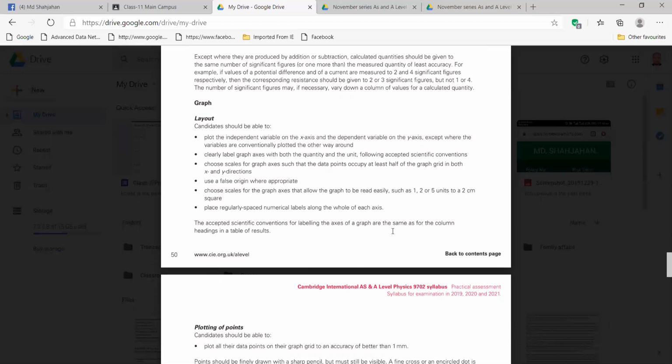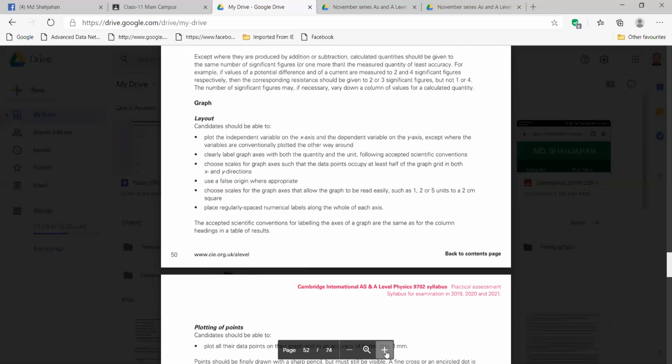Okay, can you please, so this is the same as O level, right? This is quite similar, but not exactly. In O levels we are more generous, right? But in A level, as practical, they are a bit more strict about your skill.